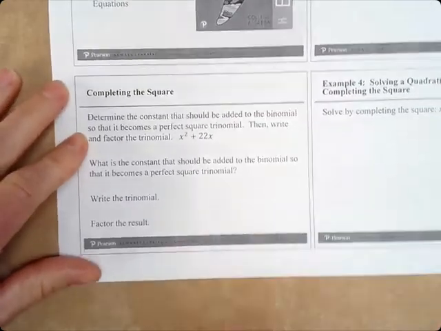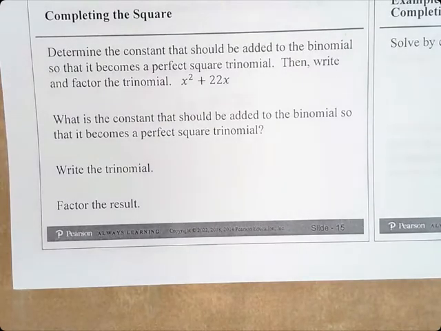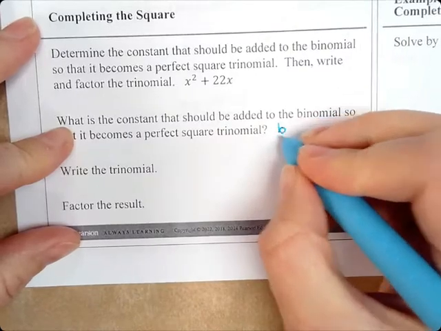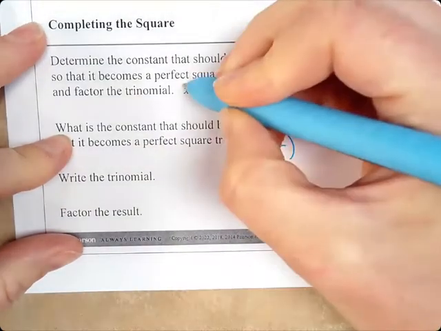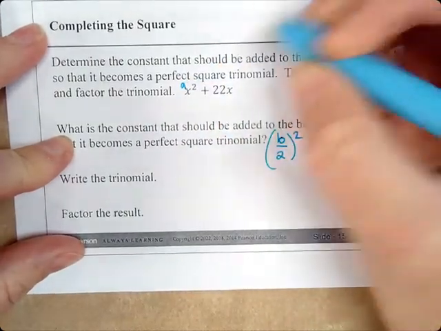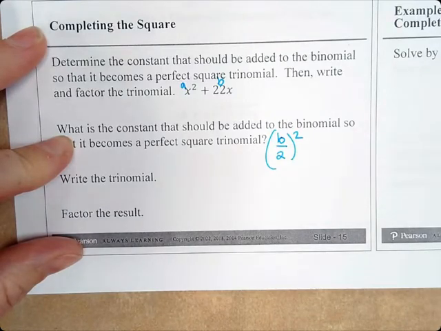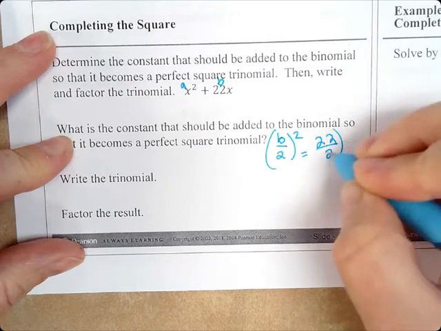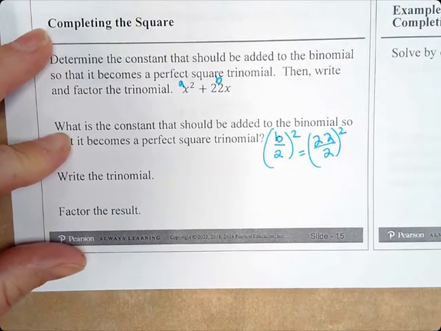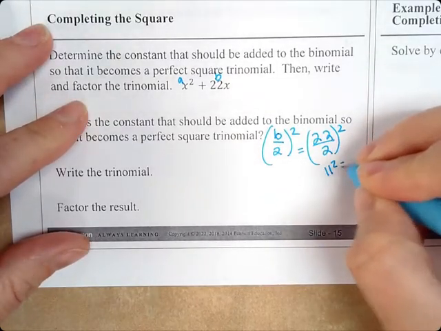So we are going to find out what the number is that we need to add to this x squared plus 22x. So we would do the b over 2 squared. The a is 1, the b is 22. So we would take 22, divide by 2, and then square it. That'd be 11 squared, which is 121.